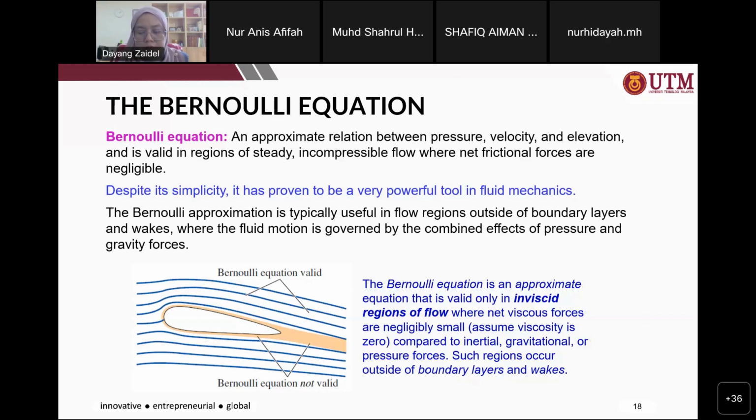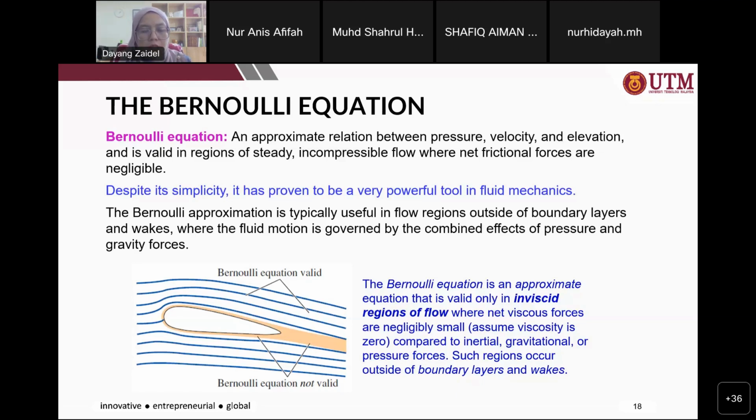Now if there's a system in which there's a flow from one point to another point in a pipe or any system, reservoir, or from one tank to another tank, for example, we can have a relationship between the two points. So we can use the Bernoulli equation.